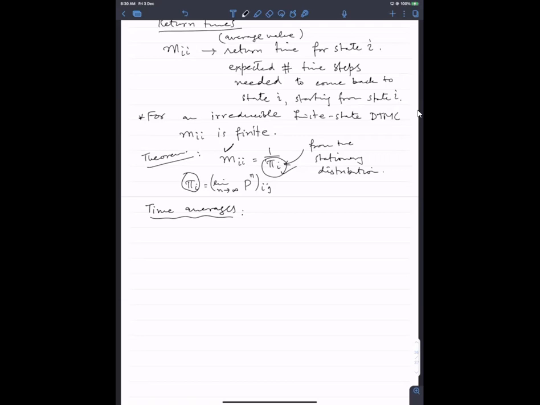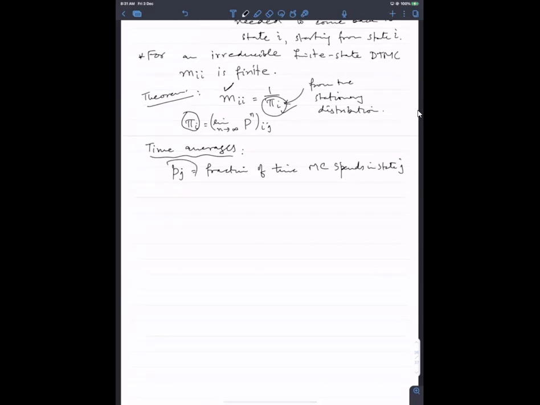I define time average Pj as the fraction of time the Markov chain spends in state j, and both of those look to be similar.